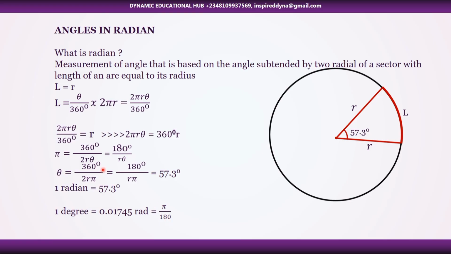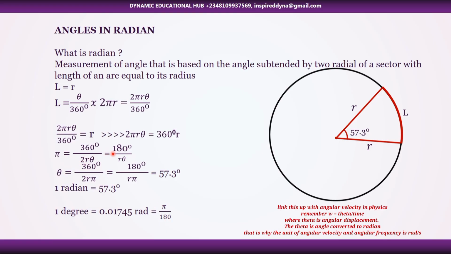Since we say that pi is equal to 180 degrees, it means that 1 degree will be pi over 180. So that is all about angles in radian and in pi. We can convert angles to pi and we can convert them to radian.